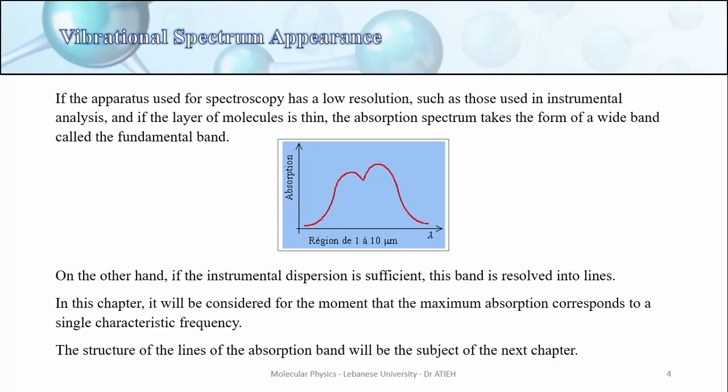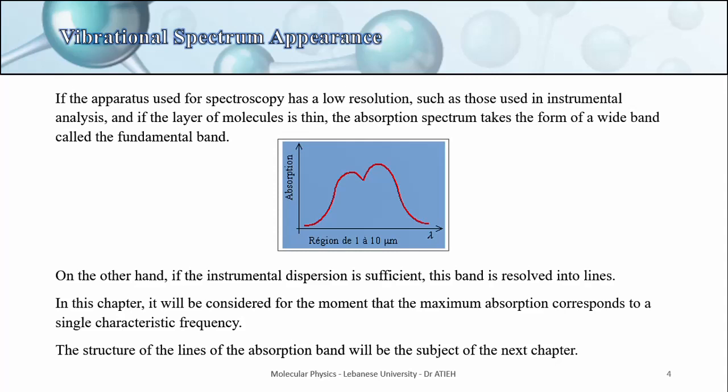Now, if the apparatus used for spectroscopy has a low resolution and if the layer of molecules is thin, the absorption spectrum takes the form of a wide band. We are unable to see the different lines. We see the sum of these lines which appears as a band. This band is called the fundamental band.